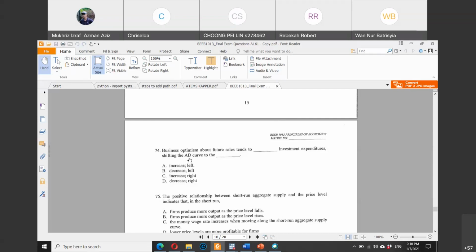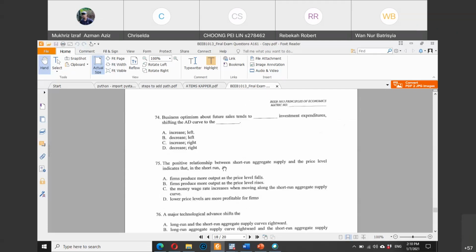If you feel that the economy will grow, that COVID-19 will go away in the next few months, hopefully by the end of the year, so people can start traveling again and business can open as usual, that will cause investment to increase and the demand curve to shift to the right. I think you can just use your own logic.